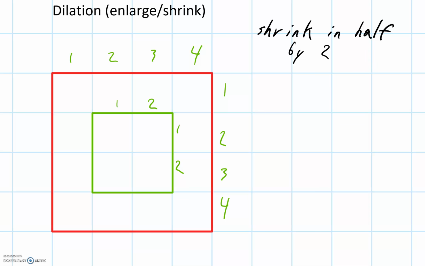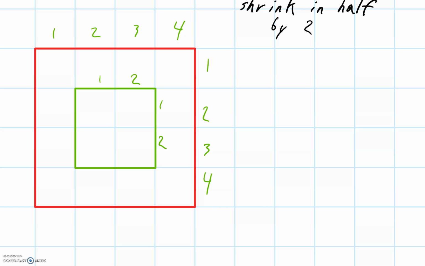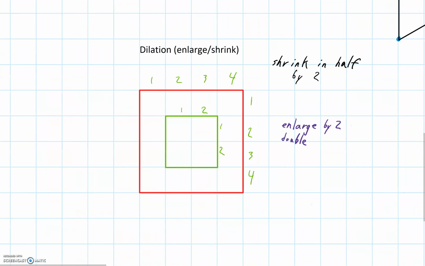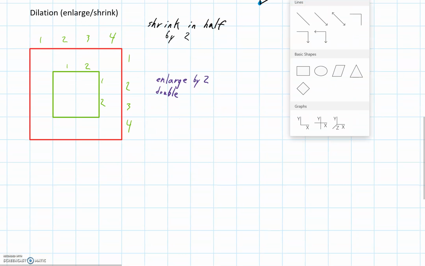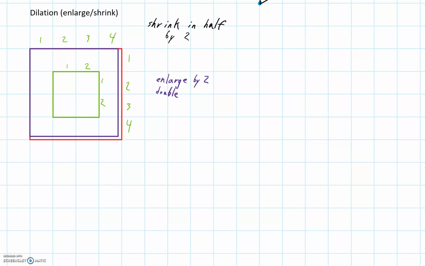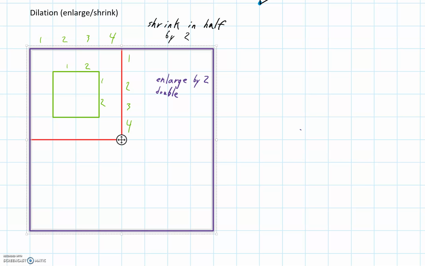Now if we say we want to make it bigger, I'm going to just write it in here maybe. Enlarge by 2 or double. Okay, well, how's that going to show up? Well, currently it's 4, so this is going to get real big. Maybe we'll draw it this way so it sticks in. There you go. So now we have a new shape.